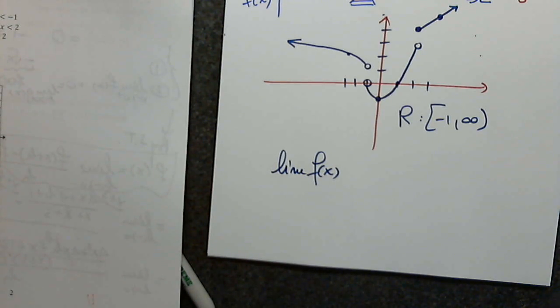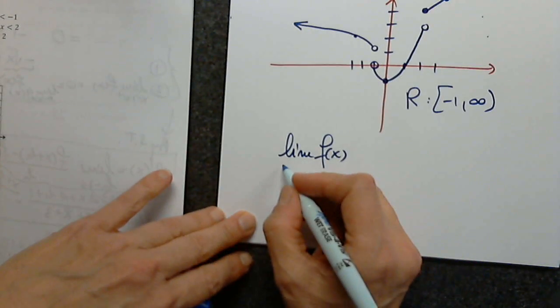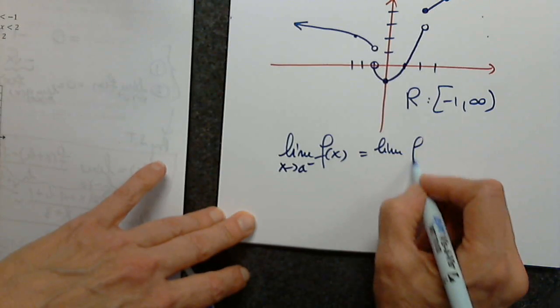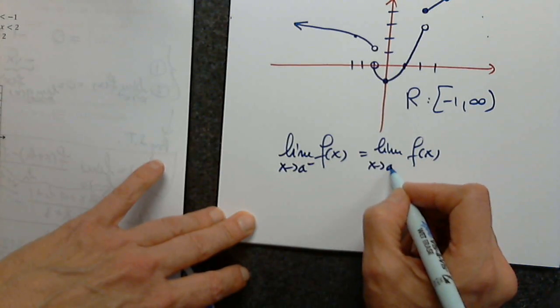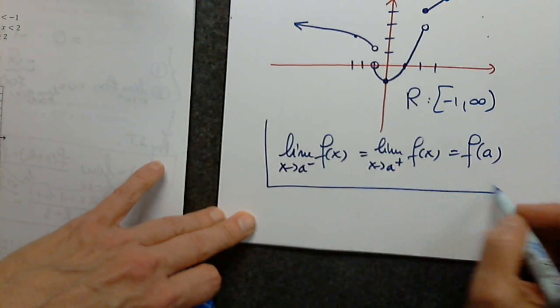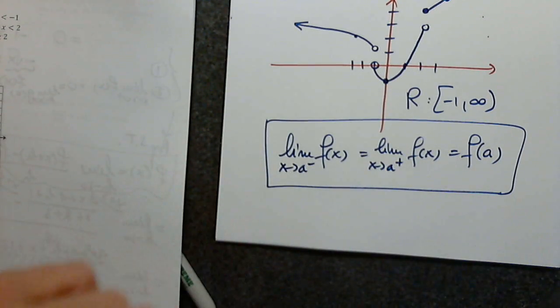Like 1 over x prime. Negative 1 over x squared. So the same thing here. The limit of the function as x approaches a from the left must equal the limit of the function as x approaches a from the right and must equal f of a. This is the definition of continuity at a point. And we have to commit this to memory.